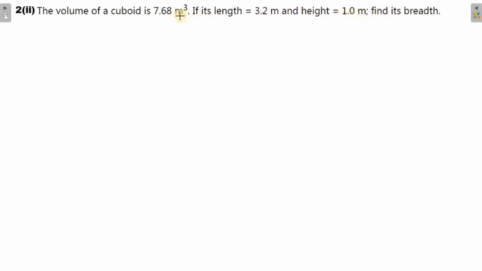Here if you look at the units, it is in meter cube, it's in meter, and it's in meter. So we need not worry, we need not change any unit. Basically length is given to be 3.2 meter. Breadth, we don't know, and height is given to be 1.0 meter, or you can just write this as 1 meter.